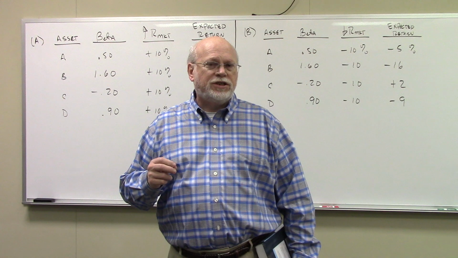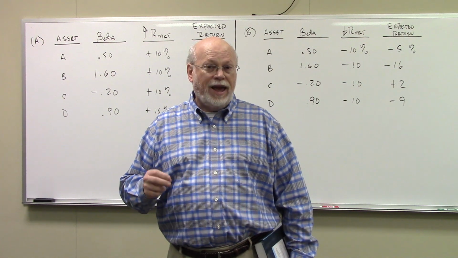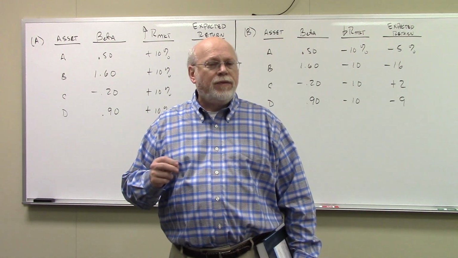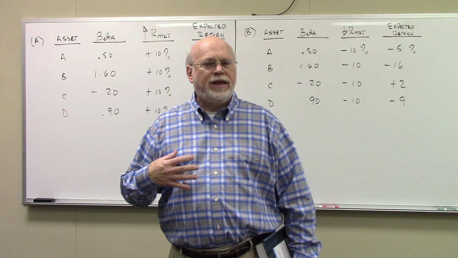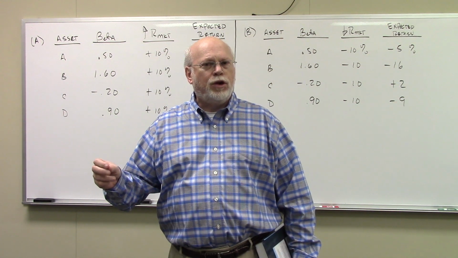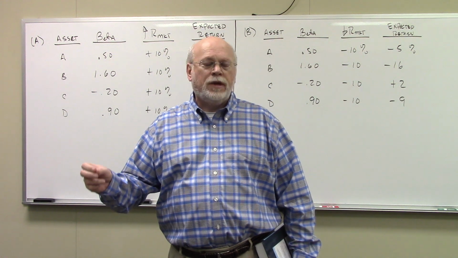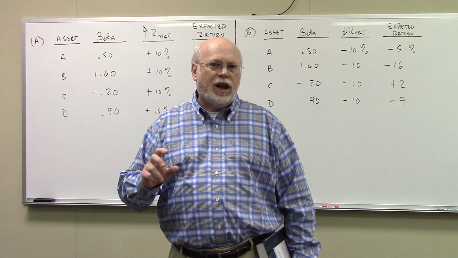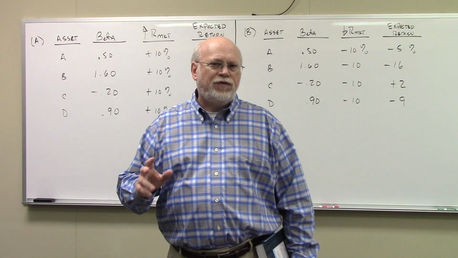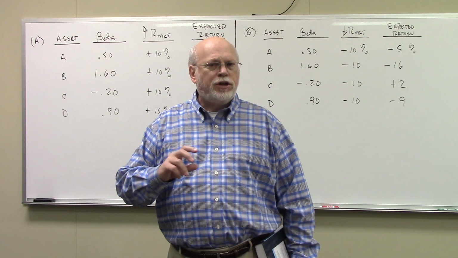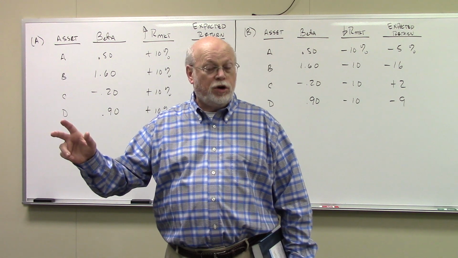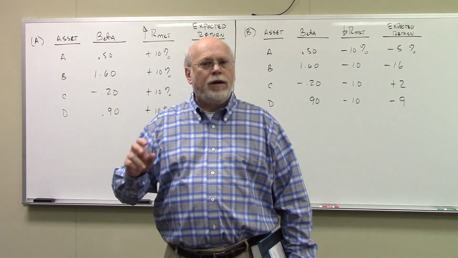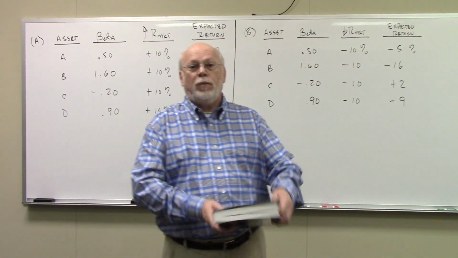If I take on a stock with a beta of 0.8, 80%, then I'm taking on 80% of the risk of the market, and I expect to get 80% of the return of the market. That's the basic logic of beta. It's fairly simple, but the more of the market risk you take on, the more of the market return you want. And we'll talk more about beta in just a moment.